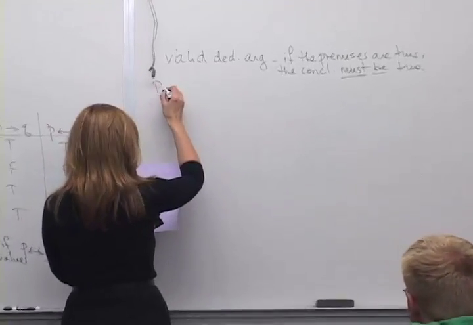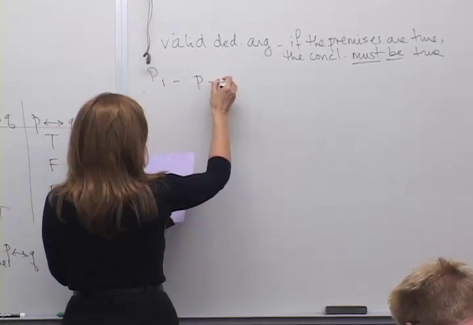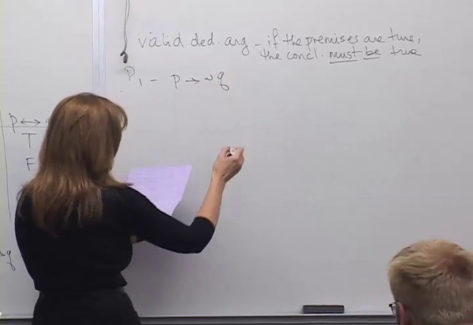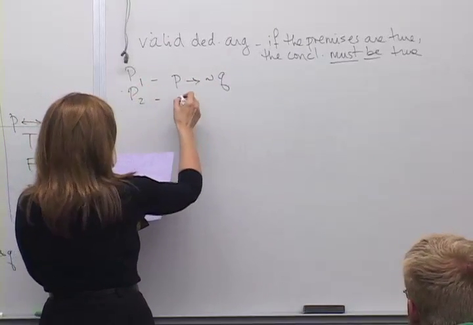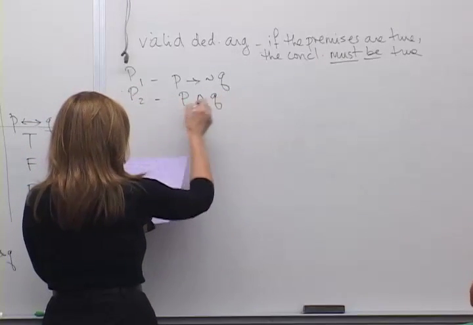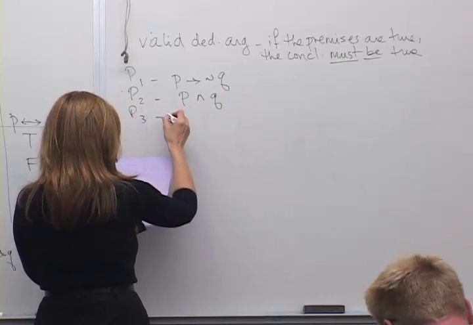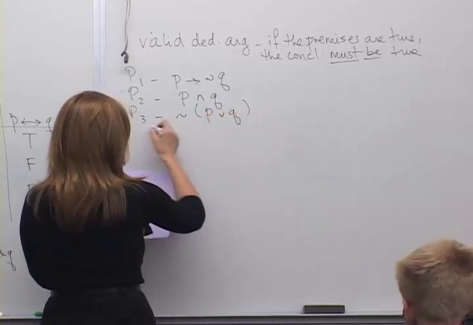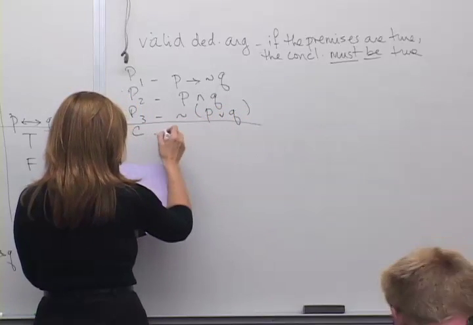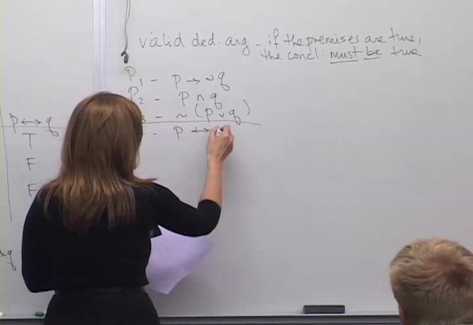Premise 1 is: if P, then not Q. I'm only going to use 2 variables. Premise 2: P and Q. Premise 3 is: not P or Q. Therefore, the conclusion is: P if and only if Q.